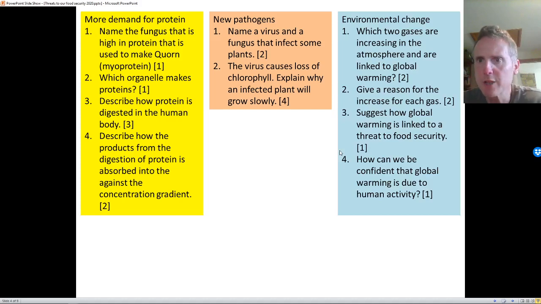Environmental change. Which 2 gases are increasing in the atmosphere and are linked to global warming? Yeah, so carbon dioxide and methane. Number 2, give a reason for the increase of each gas. Why is there more CO2 in the atmosphere? Well, I don't want to say more respiration, ideally less photosynthesis because trees are being cut down.